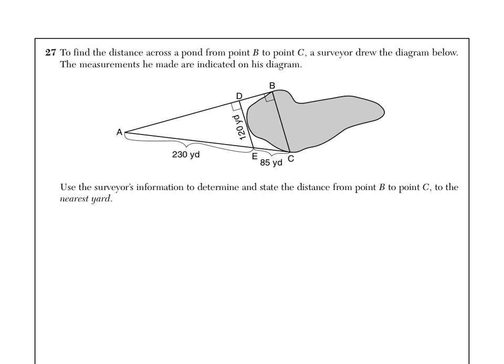Number 27 says, to find the distance across a pond from point B to C, a surveyor drew the diagram below. The measurements he made are indicated in his diagram. Use the surveyor's information to determine and state the distance from point B to C, to the nearest yard.